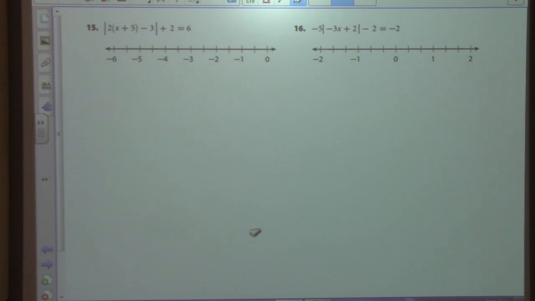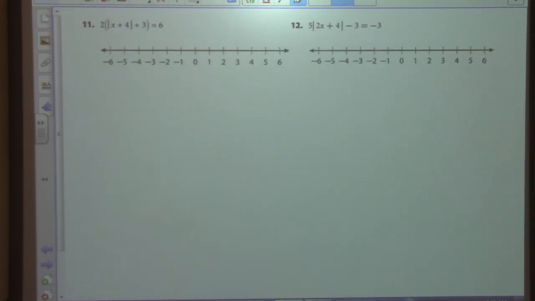Does anybody want me to quickly go over one more of these, though? Number 12? Okay. So 12. I have my dotted line version here.